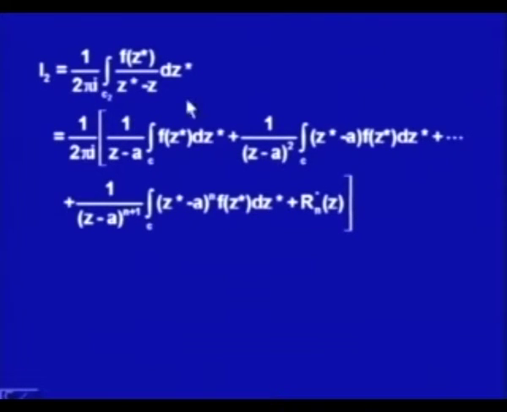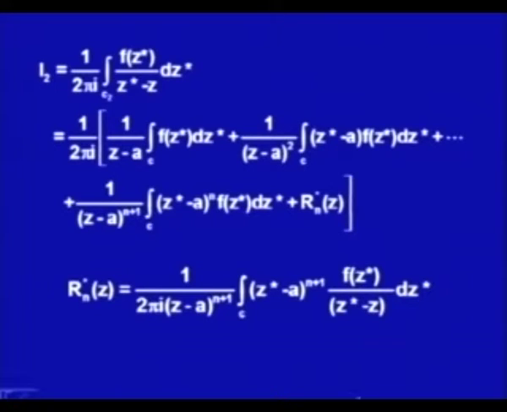If we proceed in this manner, we will have I2 equal to 1/(2πi) times, with 1/(z − a) taken out, the integral of f(z*) dz* as the first term, plus from the second term we can take 1/(z − a)² outside the integral sign, because we are integrating with respect to z* and this does not involve z*. So, the integrand of the second term is (z* − a) f(z*) dz*, and again we have replaced the curve C2 by C.